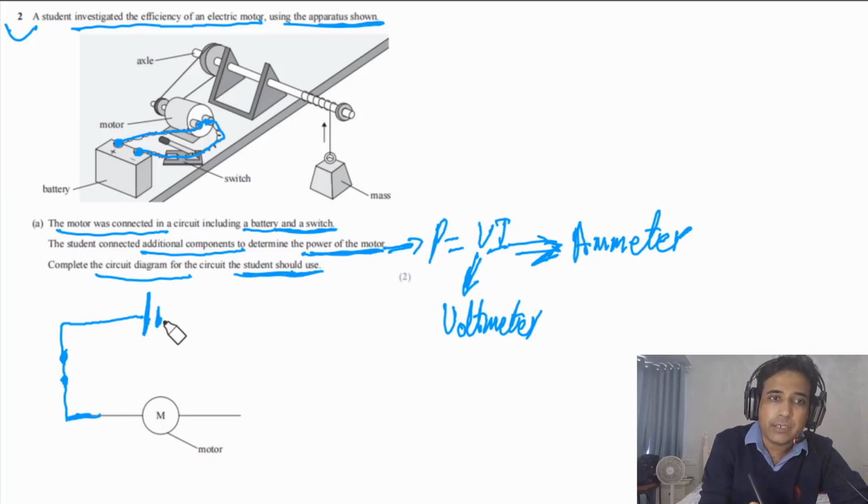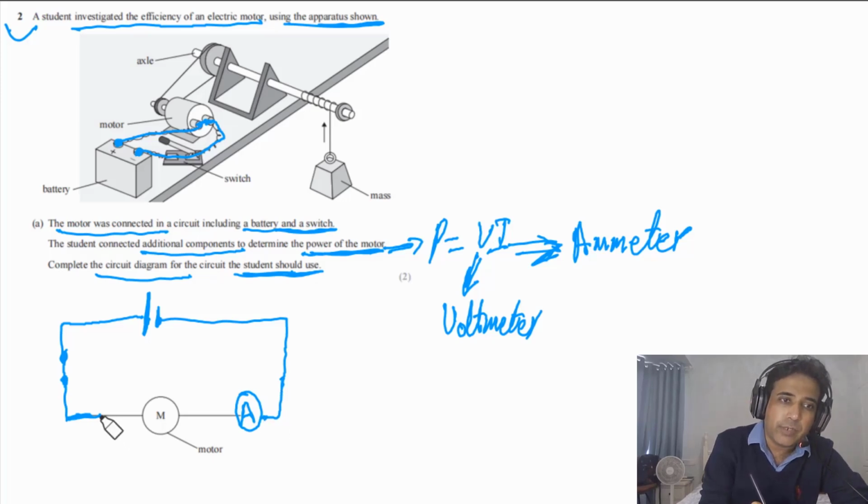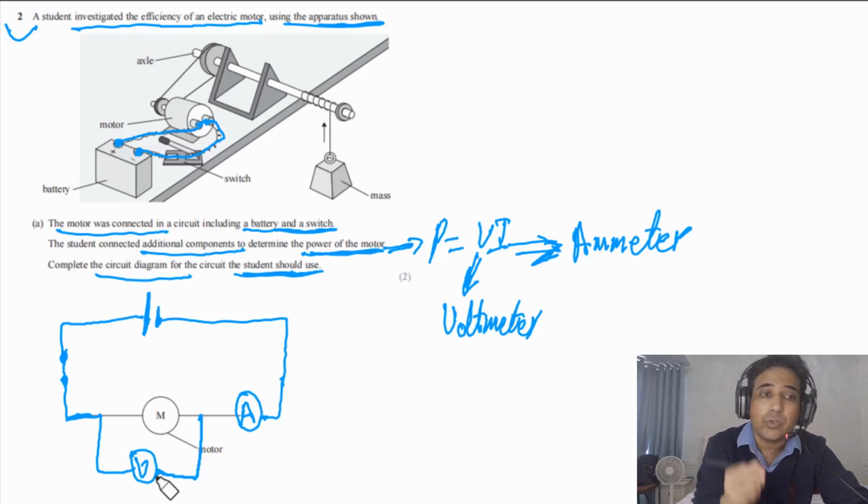We need to find current passing through the motor. So we need to connect the ammeter in series. And we also need to find PD across the motor. So we have to connect the voltmeter across this motor. So this is how we can draw the circuit.